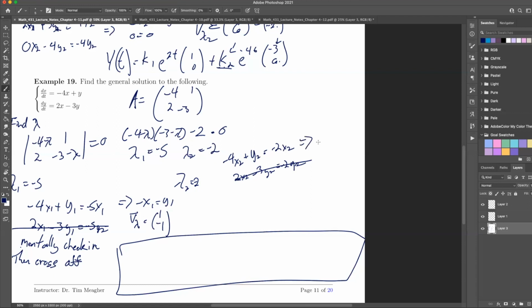This implies what? Well, that just implies that y2 equals 2x2. And so my vector here is the following: (1, 2). All right, then I can write out my solution.